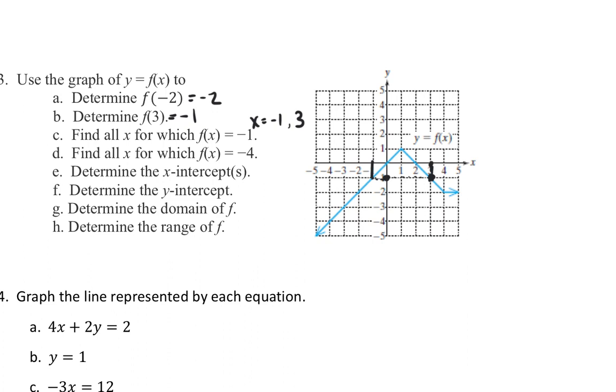Find all x values for which f of x is equal to -4. We go down to -4, and we go this way, and we see it doesn't reach that way. Here we have an arrow that shows that it just stays flat until infinity, and then if we go this way, we can see that happens at x equals -4.